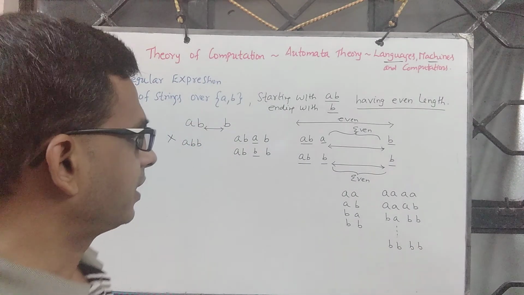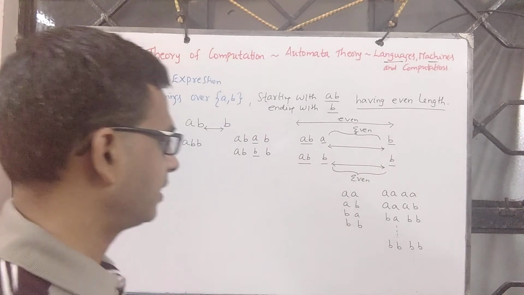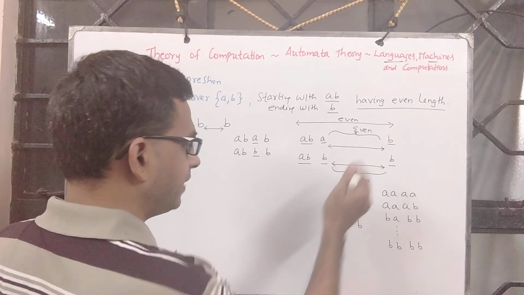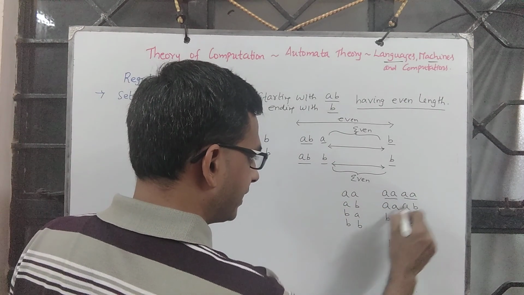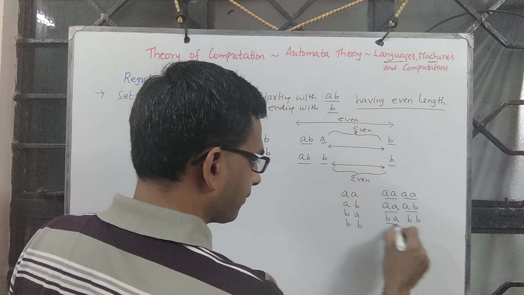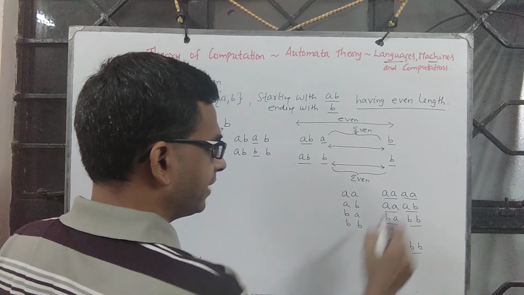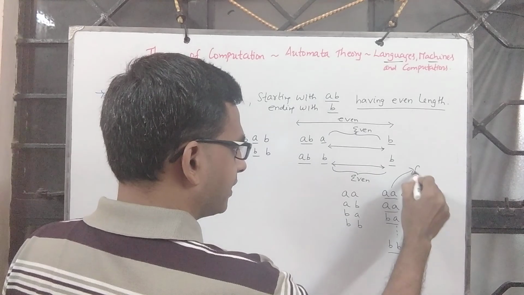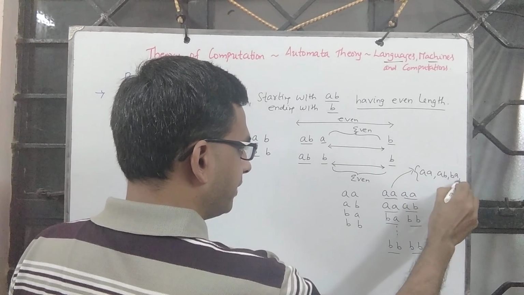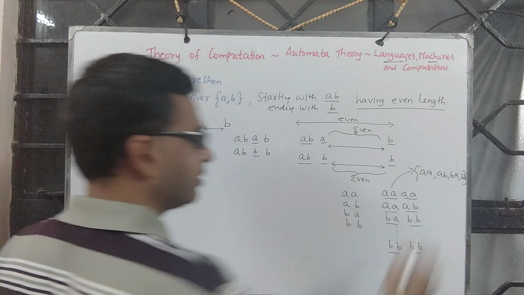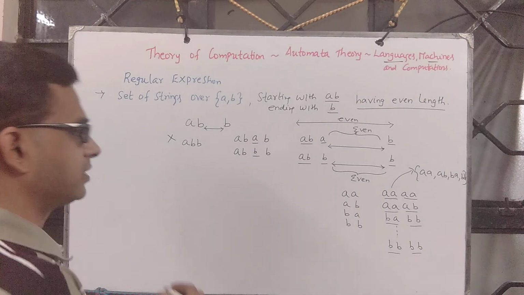Which means, if you look at this even length string, you pair them, you look at them 2 at a time. Where do they come from? They come from the set AA or AB or BA, BB. It cannot be anything else, it has to come from this.